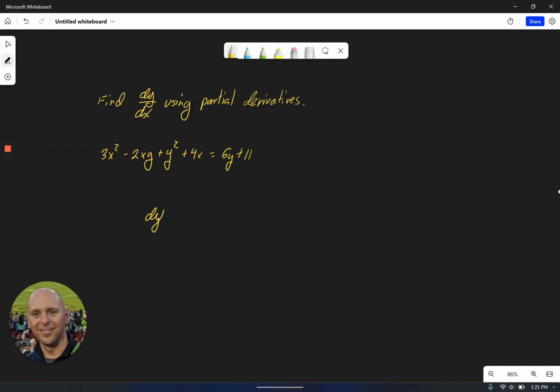So let's go ahead and get the formula for that down, which is dy/dx equals minus the partial of f with respect to x, and the partial of f with respect to y then divides that. In this case, this capital F(x, y) is the implicitly defined function up above when we set it equal to 0.